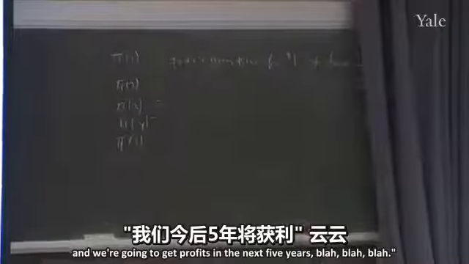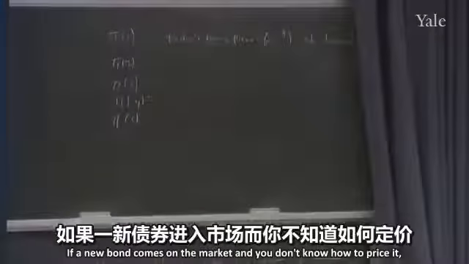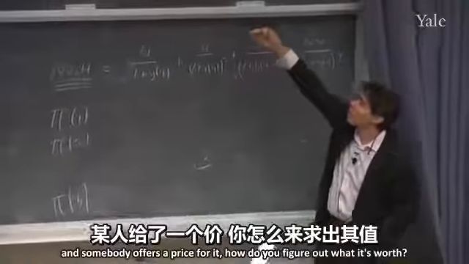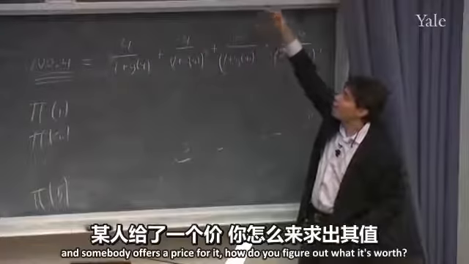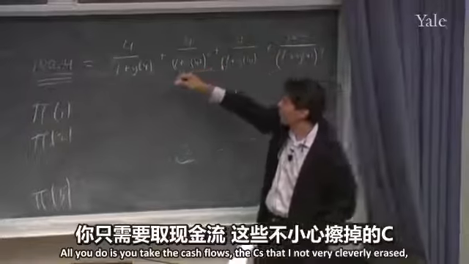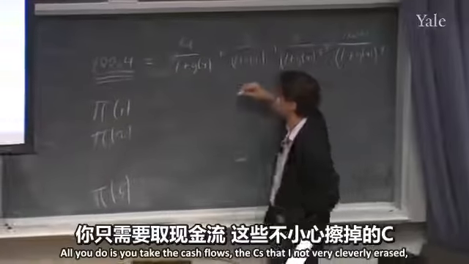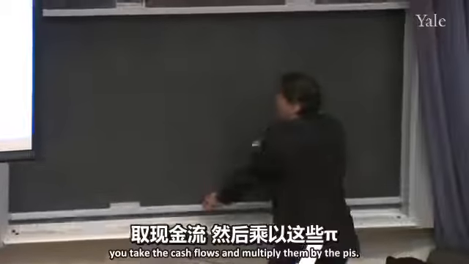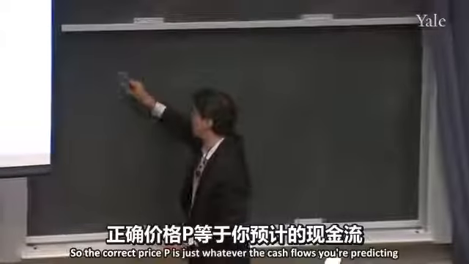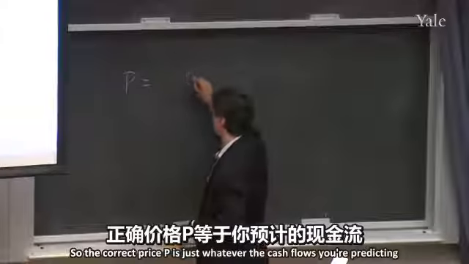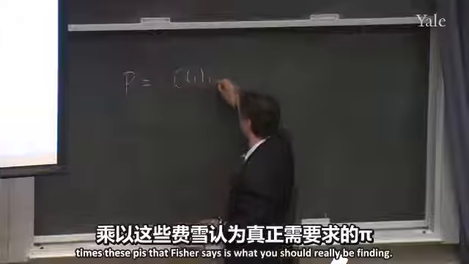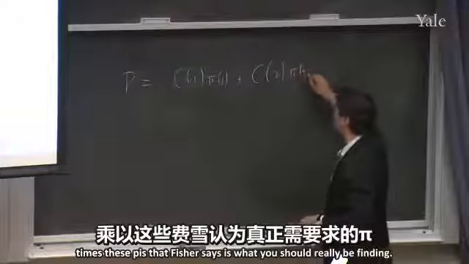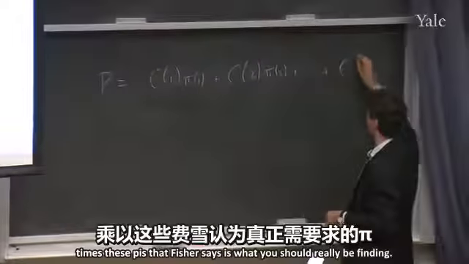If a new bond comes on the market and you don't know how to price it and somebody offers you a price for it, how do you figure out what it's worth? All you do is take the cash flows, the C's that I not very cleverly erased, and multiply them by the pies. So the correct price, P, is just whatever cash flows you're predicting times these pies that Fisher says is what you should really be finding.